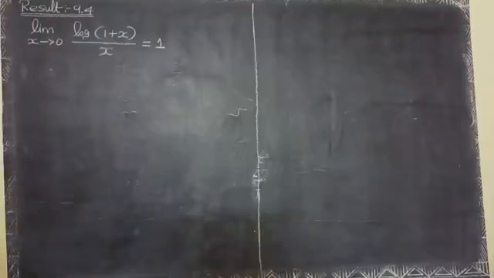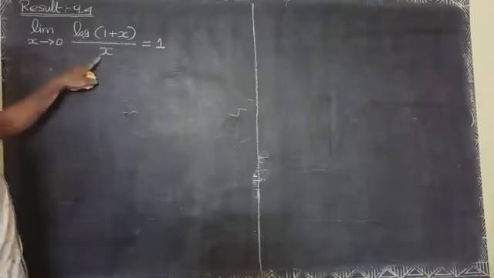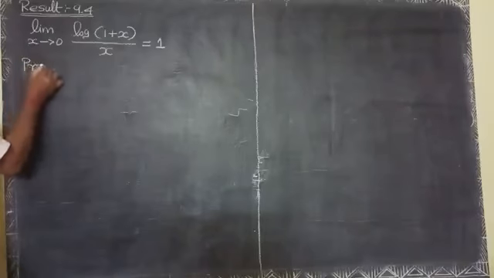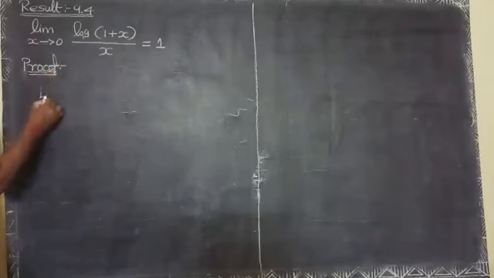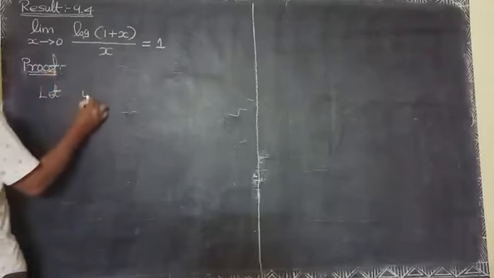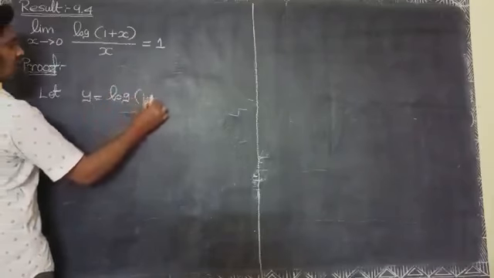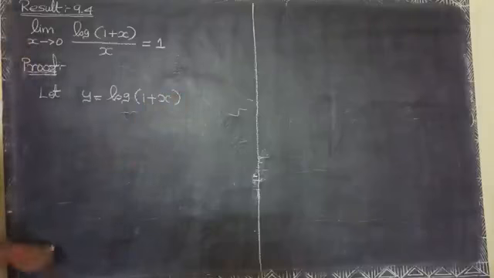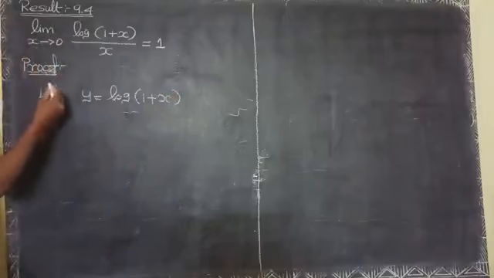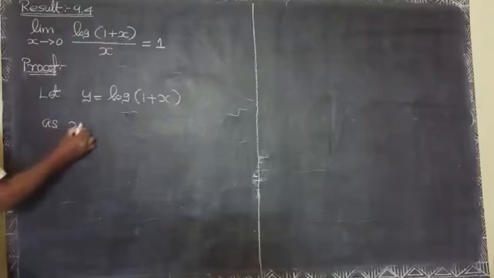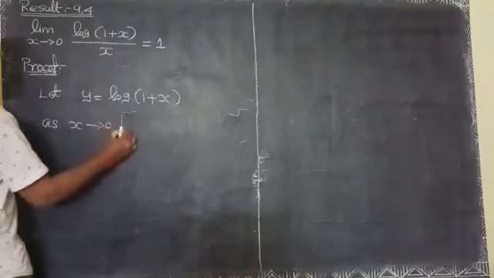Next, to prove limit x approaches 0 of log of 1 plus x divided by x is equal to 1. Proof: let y equal log of 1 plus x.